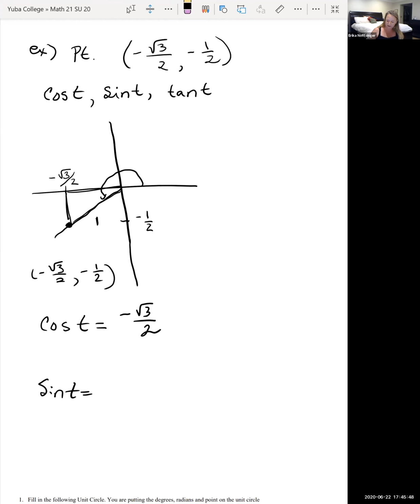So this is negative 1/2 all over 1. They tend to leave those points with the signs. When I think of it as triangles though, I don't like to think of the lengths as negative. And that's where I go back and think to myself, is cosine or sine positive or negative in quadrant 3?